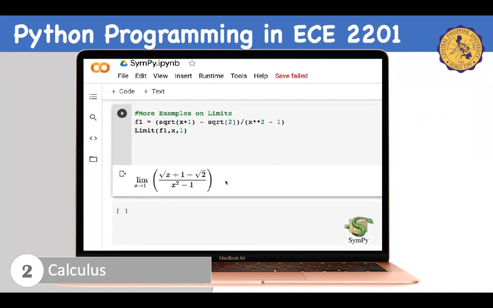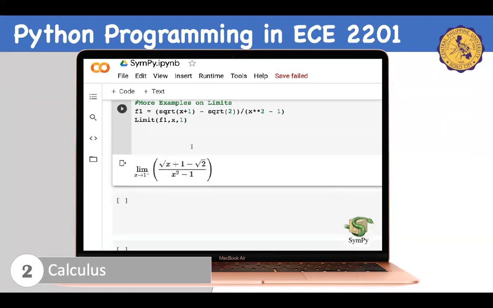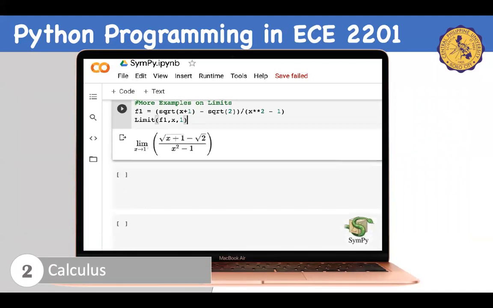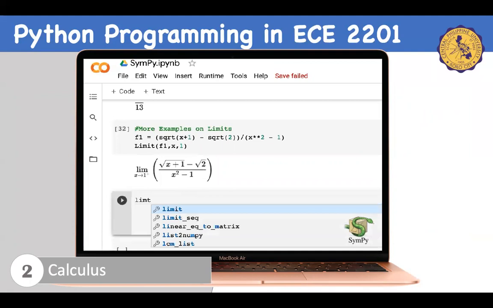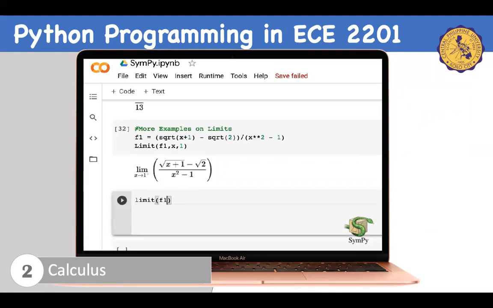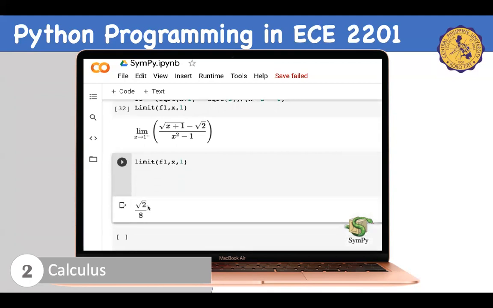So this is the problem that we are going to solve. Now to solve this problem, we use the lowercase limit. The limit of f1 when x approaches 1 will give you the value of the limit, which is equal to square root of 2 over 8. So that will be our first problem for the limits.